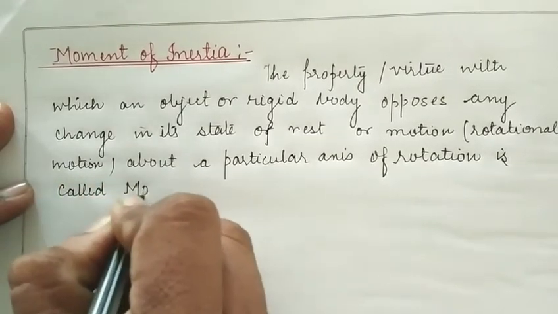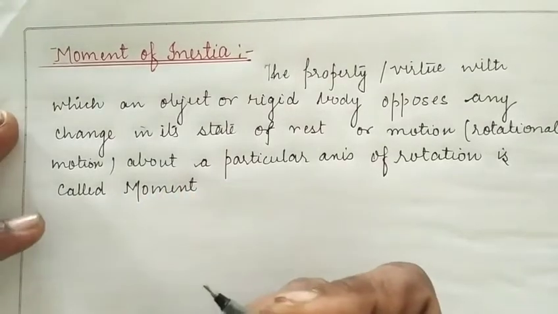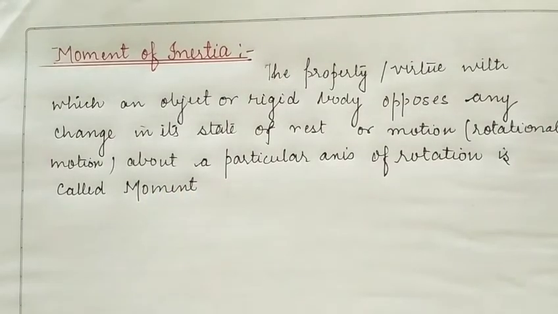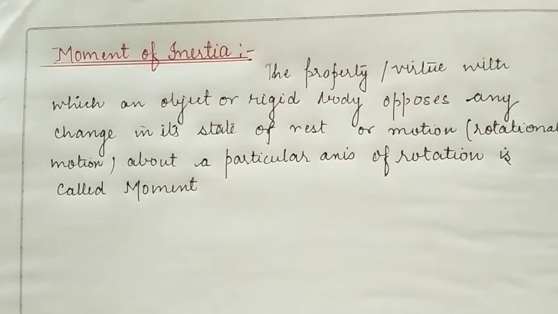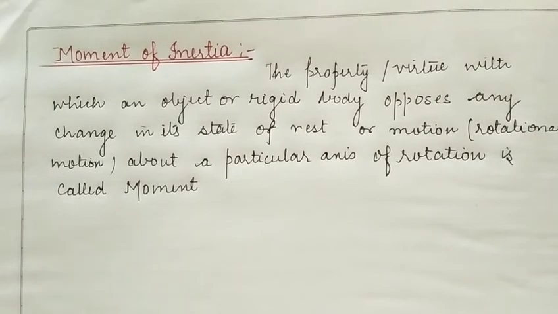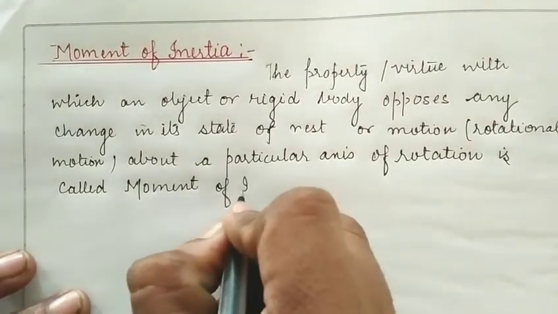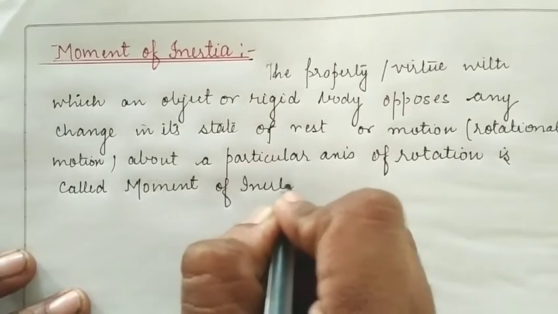So students, if in your examination it is asked to define moment of inertia or what do you mean by moment of inertia of a rigid body, then you can reply easily that the property or the virtue with which an object or a rigid body opposes any change in its state of rest or rotational motion about a particular axis of rotation is called the moment of inertia for that rigid body.